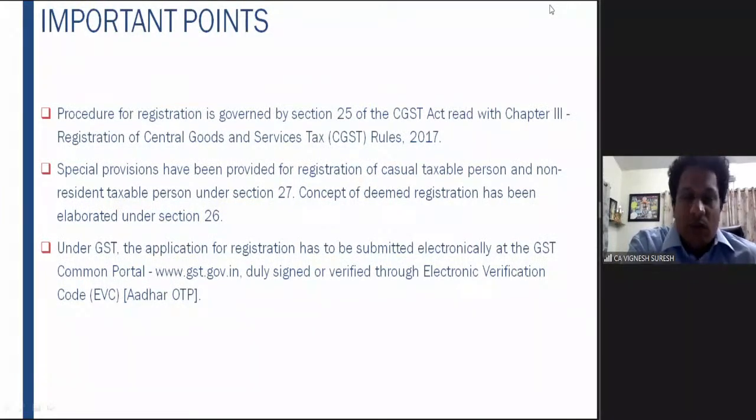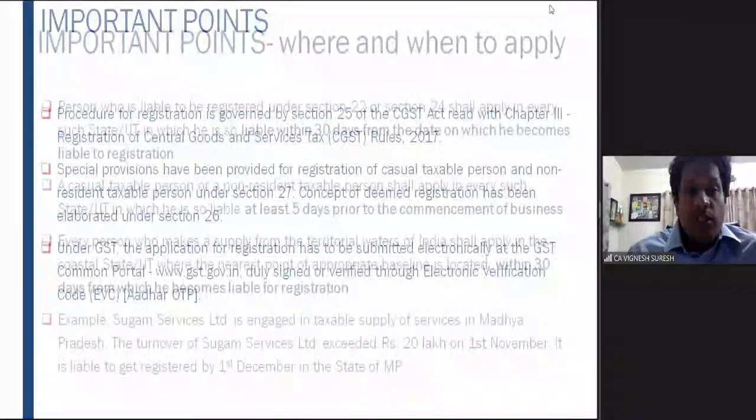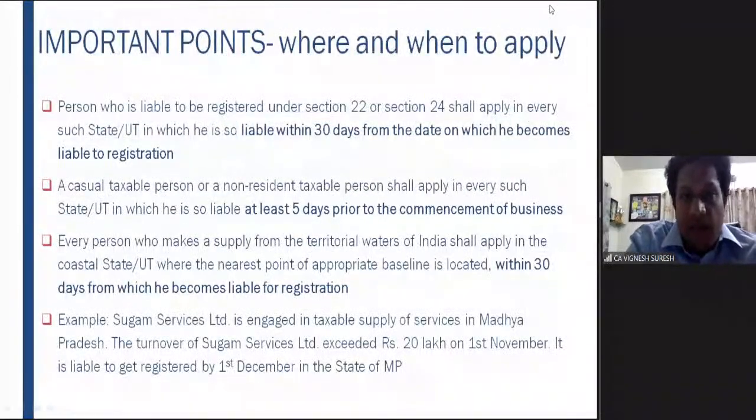So once you all become bright chartered accountants practicing with GST as your core area, when you are helping in the GST registration, please don't give your email ID and mobile number. The mobile number and email ID of the respective client only has to be given, right? So either through EVC or through digital signature, the registration can be submitted.